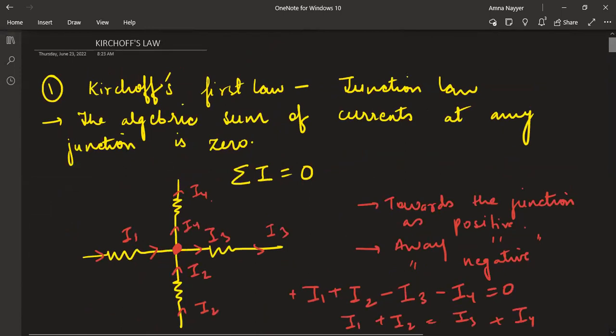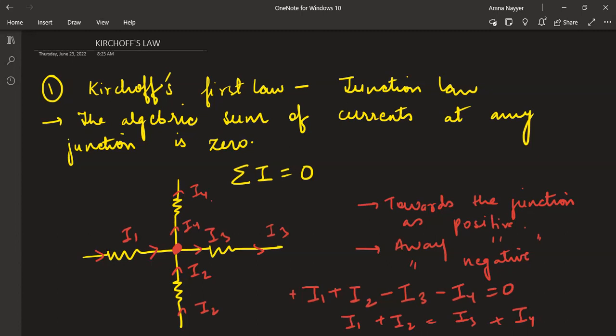Then Kirchhoff's law statements can also come: Kirchhoff's first law and Kirchhoff's second law. Kirchhoff's first law is also known as the junction law. This means whatever current is entering a junction, junction meaning any crossing of two intersecting wires, all of that current will leave the junction as well.